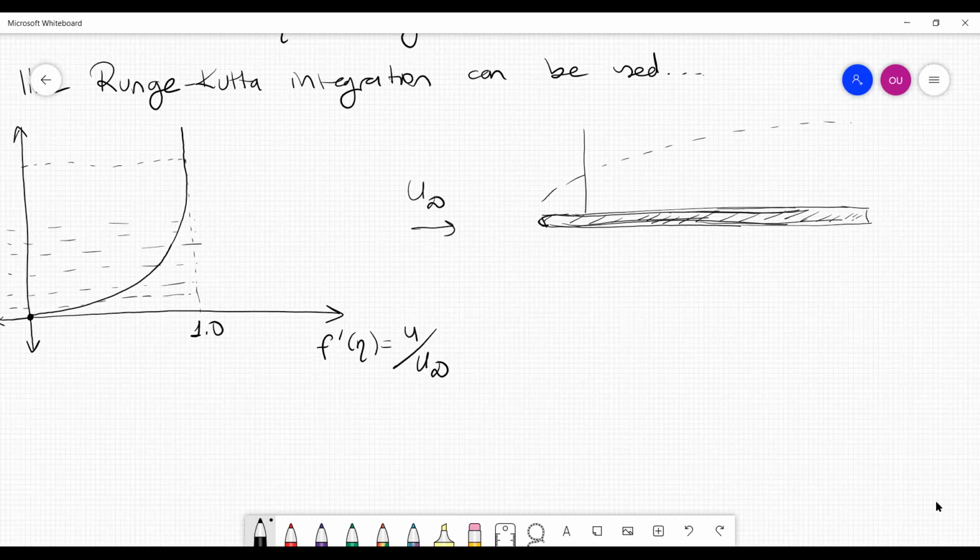wherever you want to know the velocity profile, let's say at two different stations along the boundary layer.